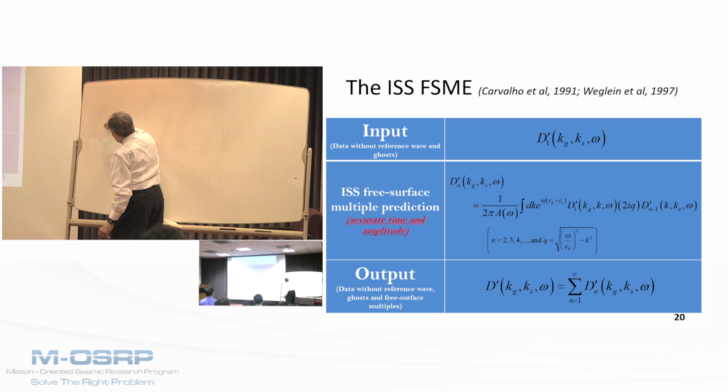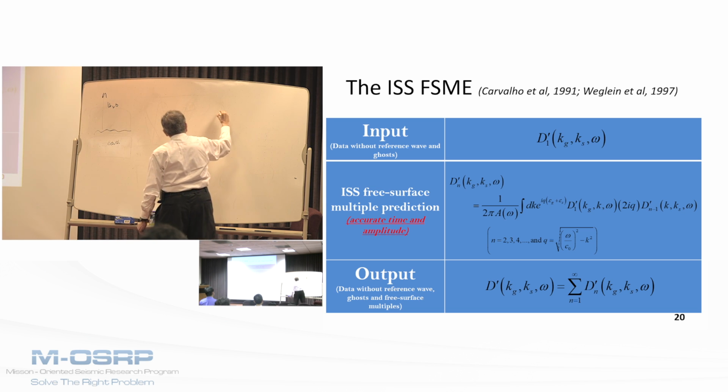Assume that there's a water here which is infinitely high, and then there's Earth. And then imagine here there's a water which has a top, and then has the same Earth.